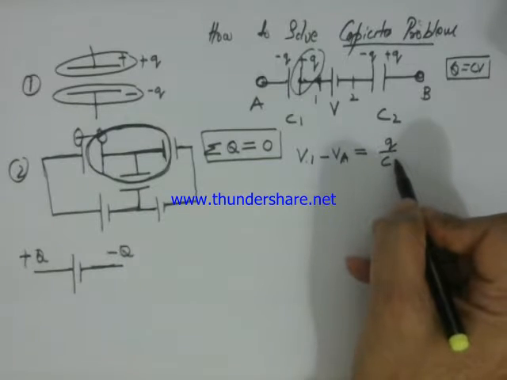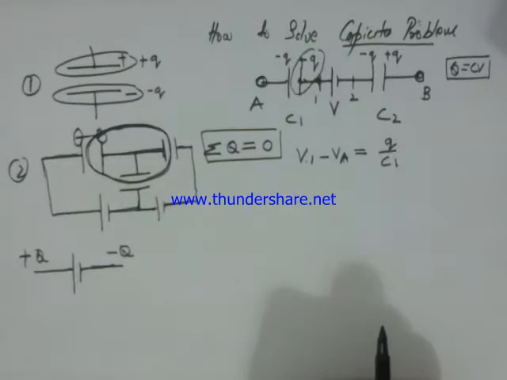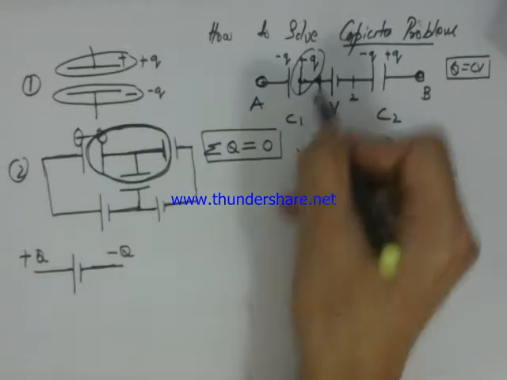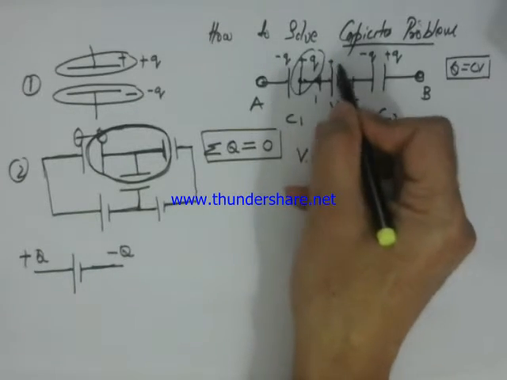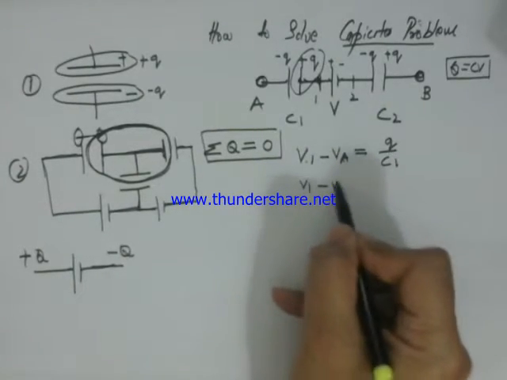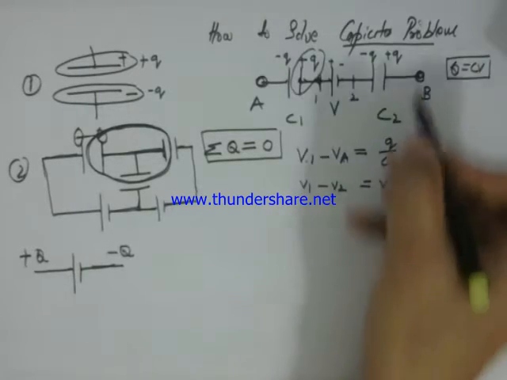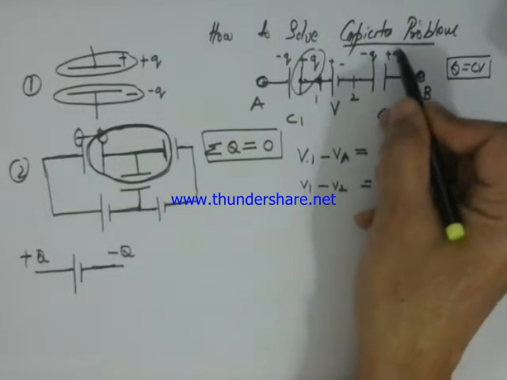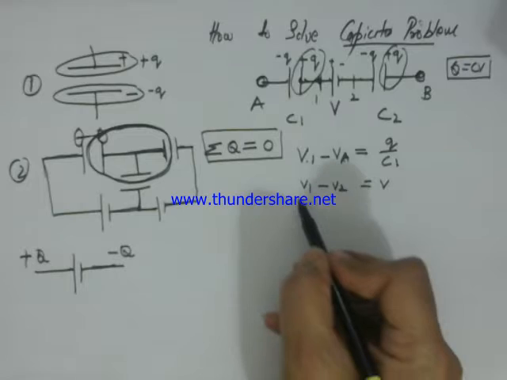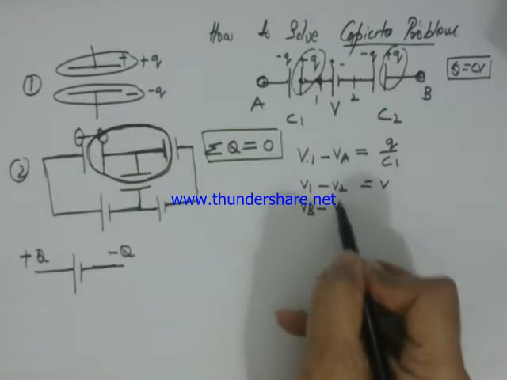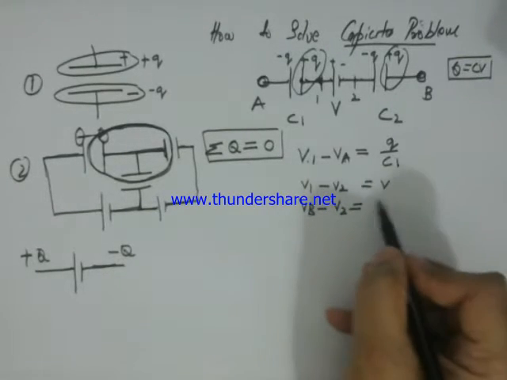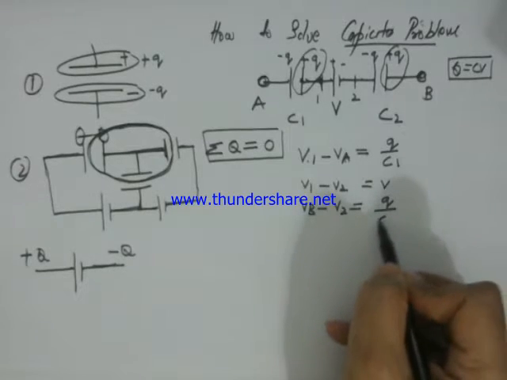So it will be Q upon C1. We know this is higher potential, this is lower potential, so V1 minus V2 we know is V. Now come to this side, start from the positive side. VB minus V2 would be equal to Q upon C2.